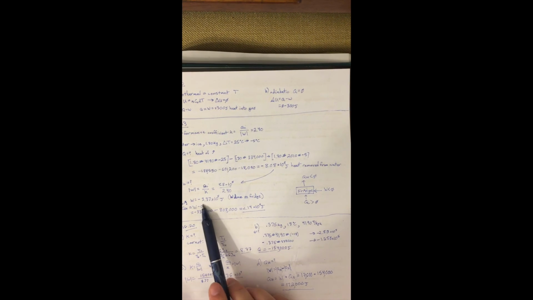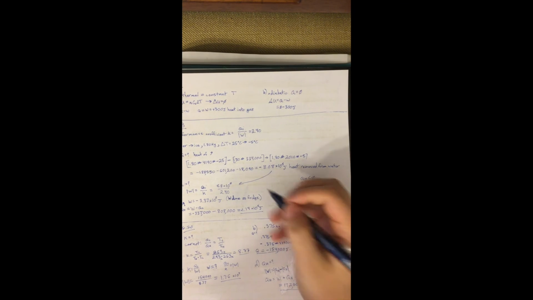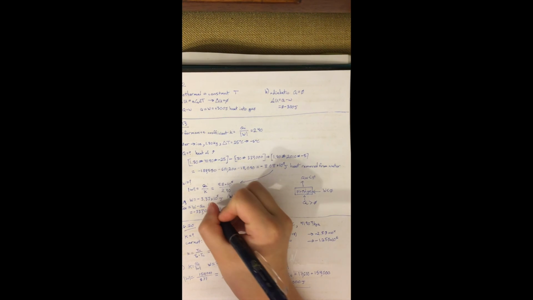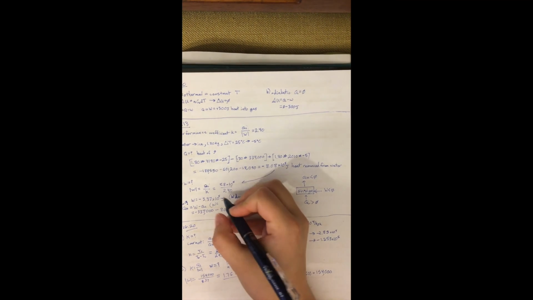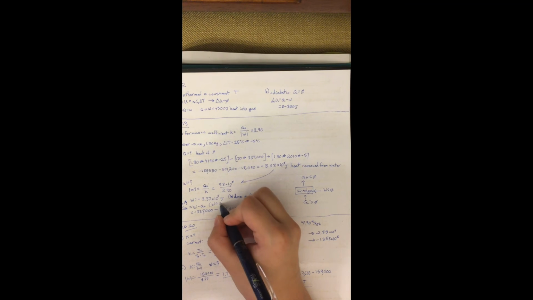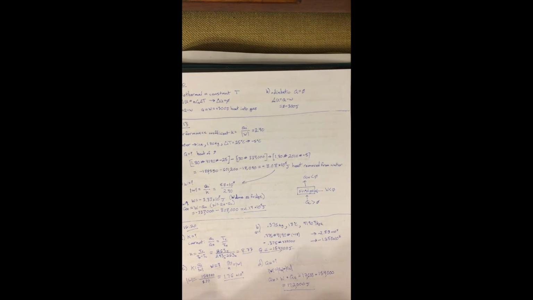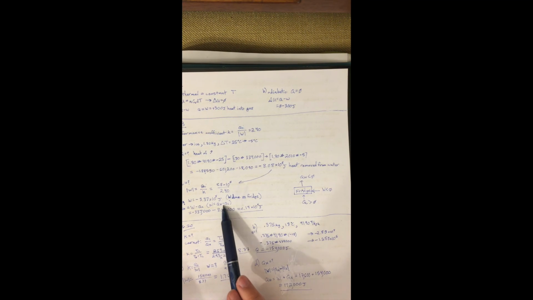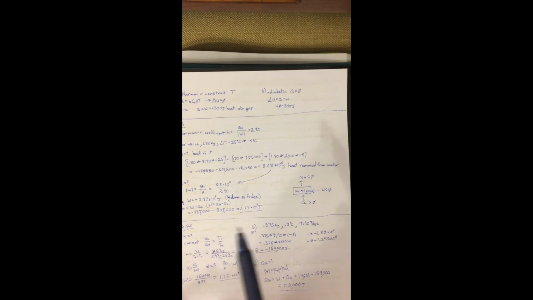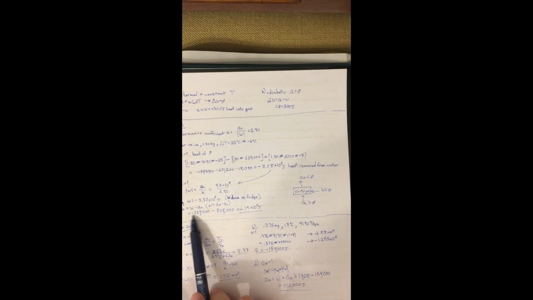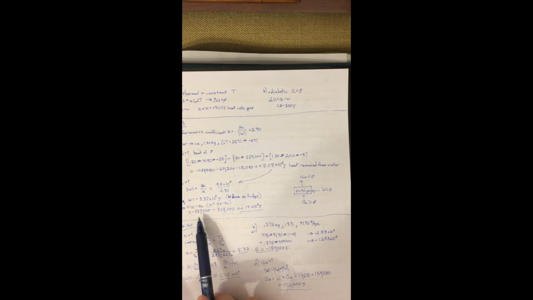Q of H is going to equal W minus QC, because work equals QH minus QC. So you just rearrange this equation, and then you plug in the values, right?